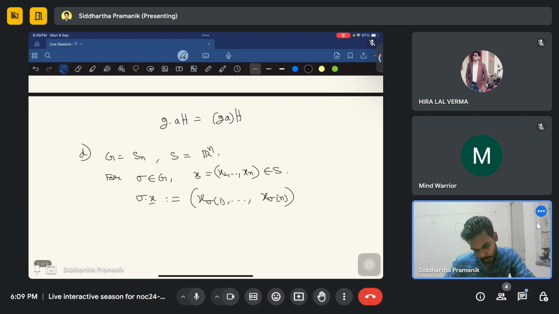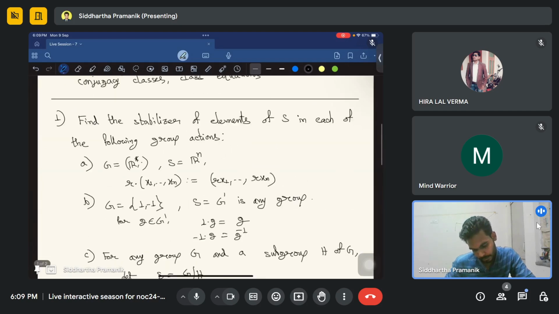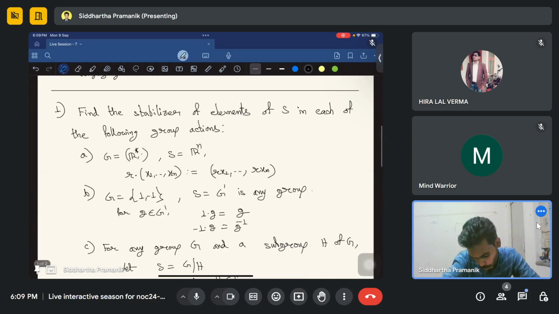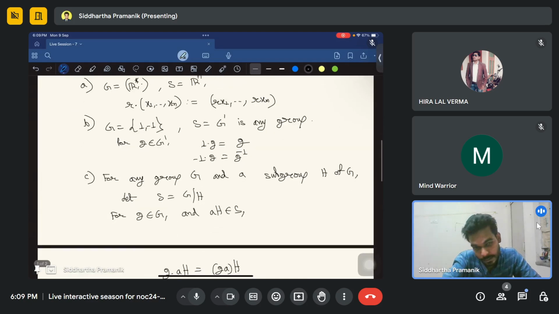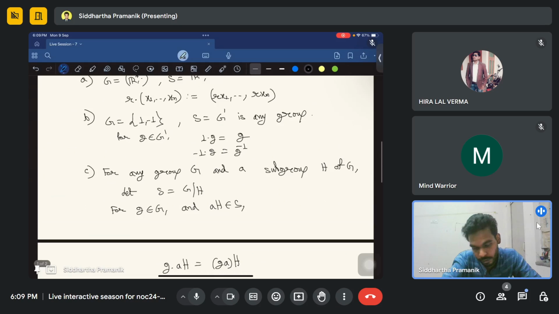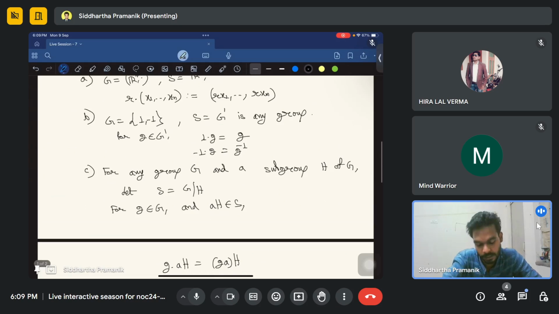So these are the four examples. In the previous session we saw all these four functions are group actions, and also we determined the orbits. Now we want to determine the stabilizers.